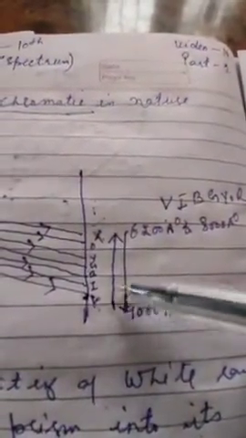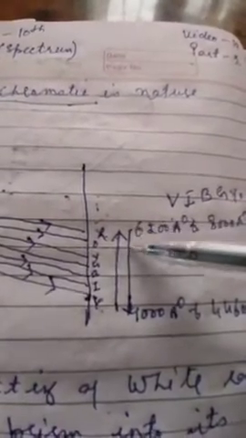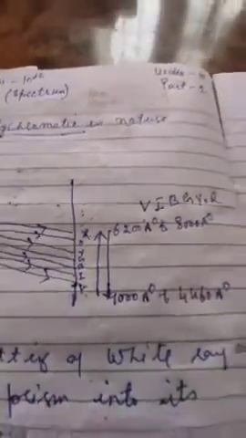Just now I have explained to you that from violet, if you move in the upward direction the wavelength increases, and if you move in the downward direction the frequency increases.